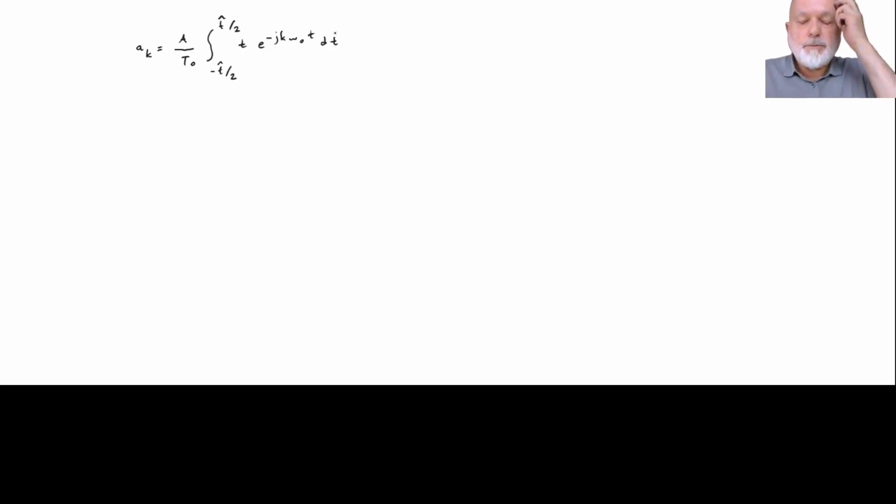Now, in order to calculate this integral, as you see, we have t times the complex exponential function integrated. So we can use integration by parts. So let us write down the expression for integration by parts. The integral of u dv for functions u and v is equal to uv minus the integral of v du.